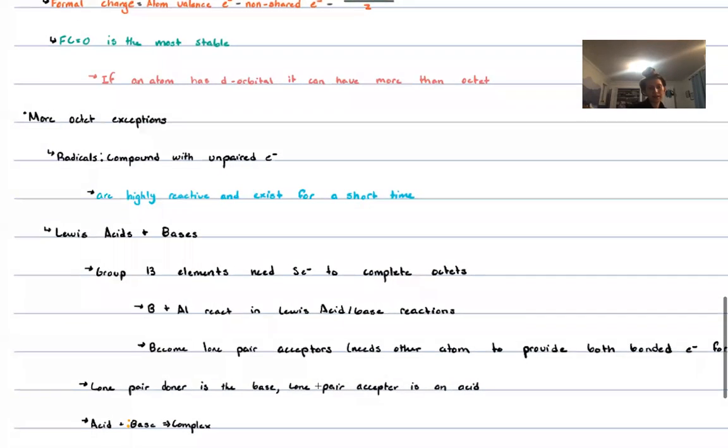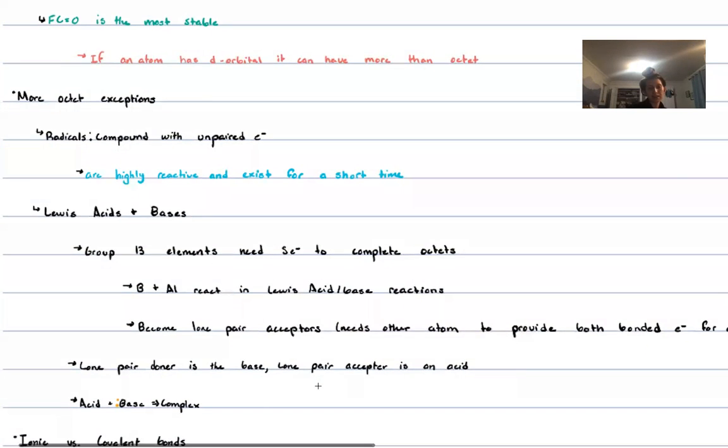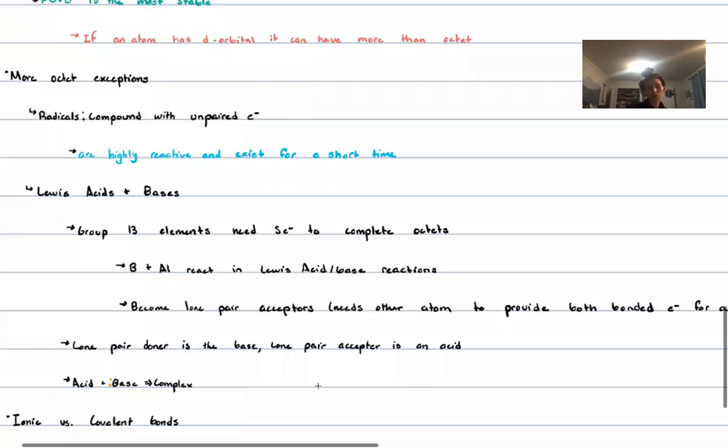And then for any Lewis acids and bases, group 13 elements, if you're going 1, 2, 3, 4, 5, 6, 7, 8, 9, 10, 11, 12, 13 across the periodic table from left to right, then group 13 elements tend to need 5 electrons to complete their octets.